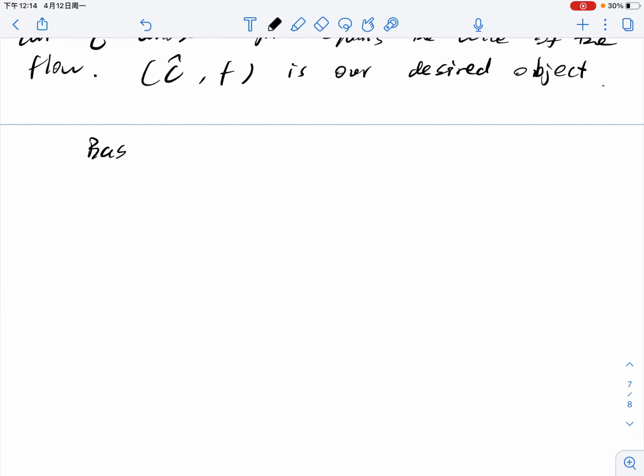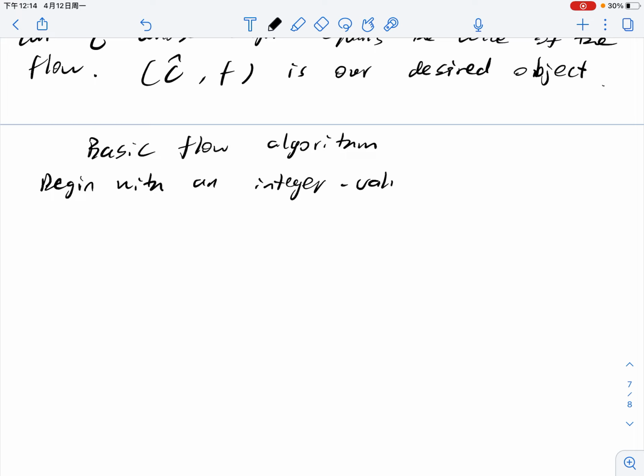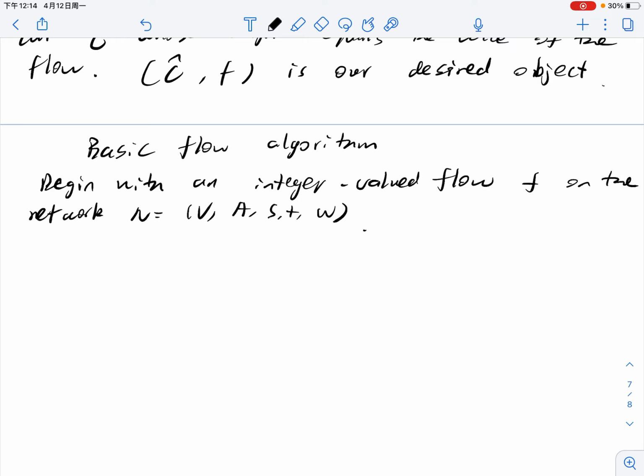Okay, and then the basic flow algorithm is as follows. We begin with an integer valued flow f on the network N equals (V, A, S, T, omega).